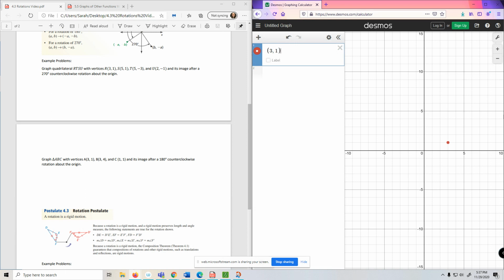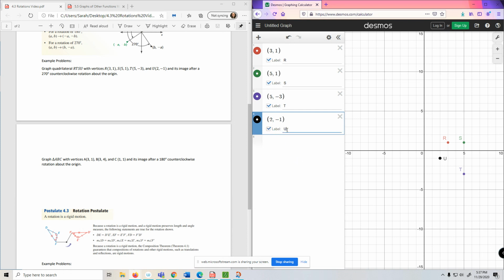As always, label these so we can keep track of everything. We've done this lots of times before, so this should look very, very familiar. Okay, that is my pre-image starting quadrilateral.